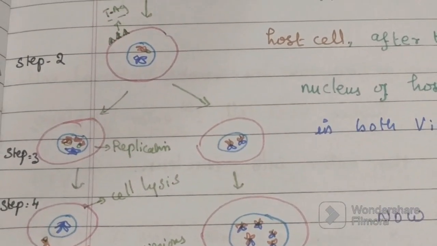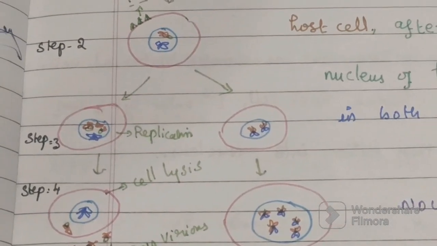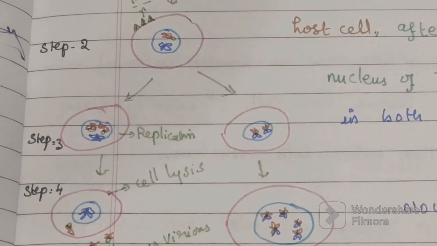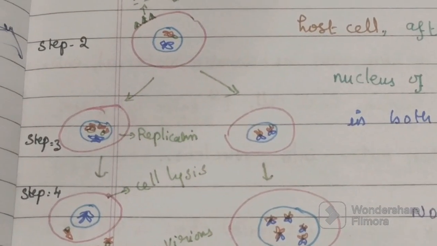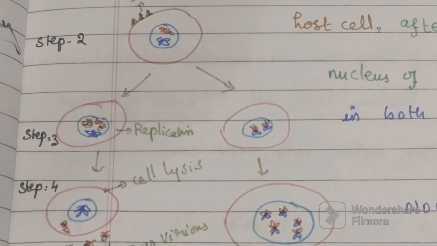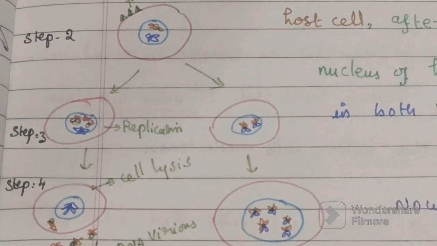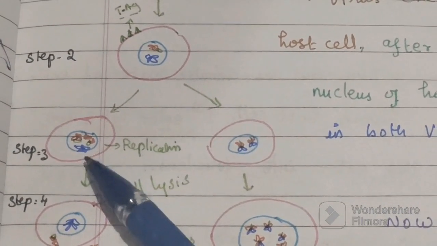The virus uses the endoplasmic reticulum, ribosomes, and all the enzymes and proteins, and this causes replication. So here the virus uses all the inside materials. The host DNA is not replicating; it is held.